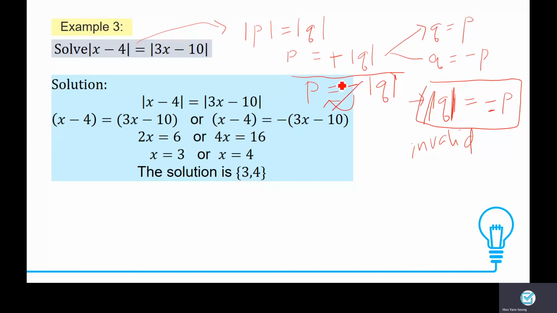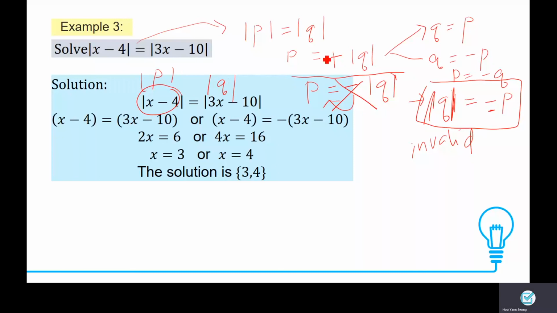So when both sides are in absolute value and it is an equation, we only have two definitions: one is q equals p, the other is q equals negative p, or you can say p equals negative q. Choose either one. So here this one is my p, and this is my q.